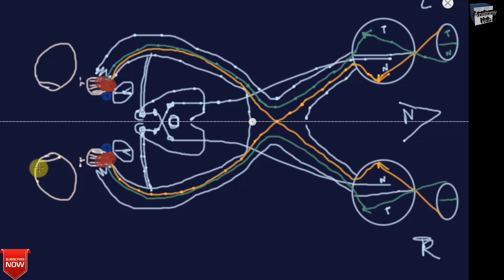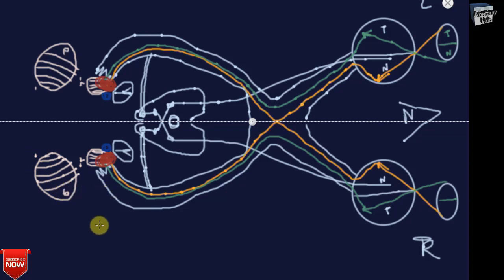So 1, 2, 3, 4, 5 and 6. Suppose this is your 1, 2, 3, 4, 5 and 6 region.